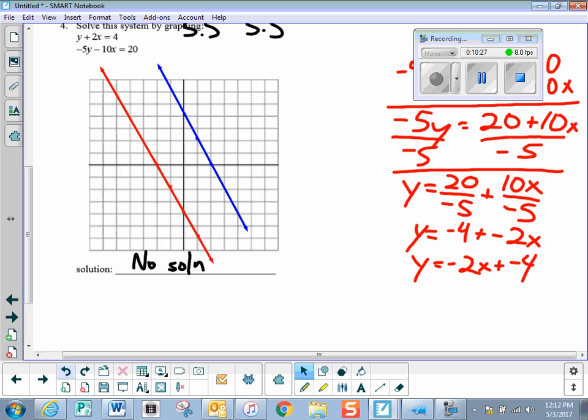Anybody need more time? Your graph doesn't make sense because they look like they're going to cross near the bottom there. So that's not a no solution graph. You didn't have the right evidence to back up no solution.